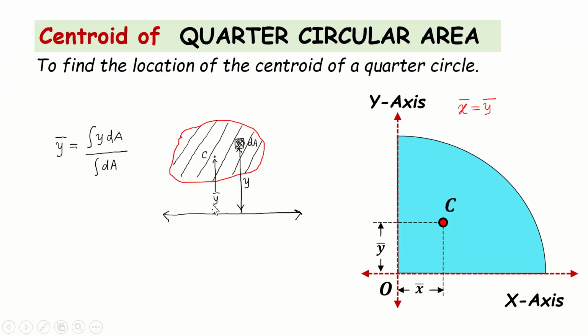So the y coordinate of the centroid is given by y times dA, integrated, and divided by the integration of the small area dA. This is the expression for the y coordinate of the centroid.